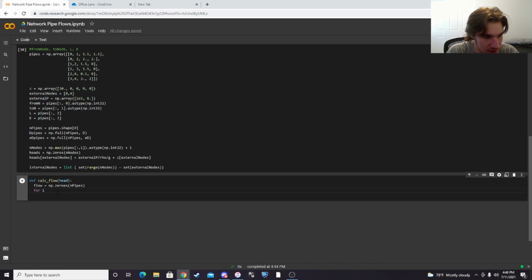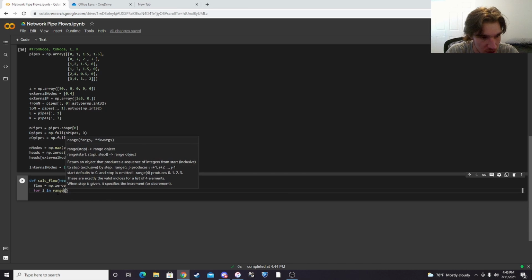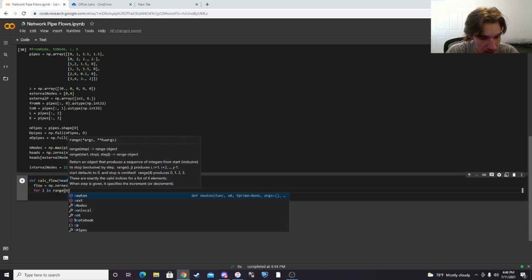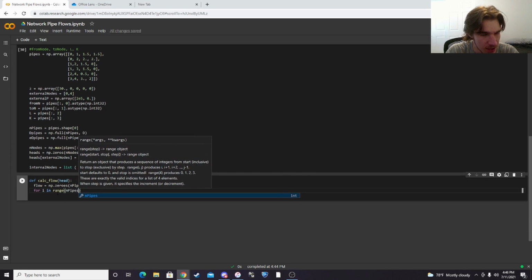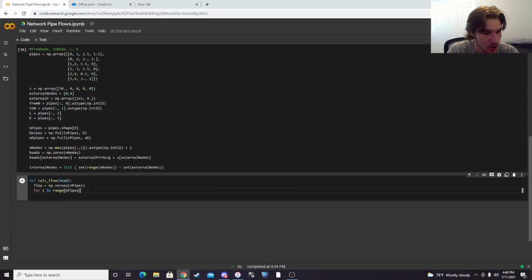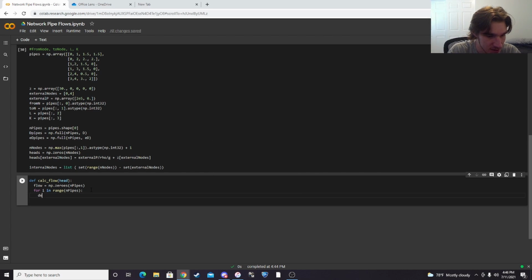For i in range, we're going to be doing n pipes. This, and then we're going to be calculating a delta head. Oh, okay. I see. We're going to be putting in pipes or some list of pipes.